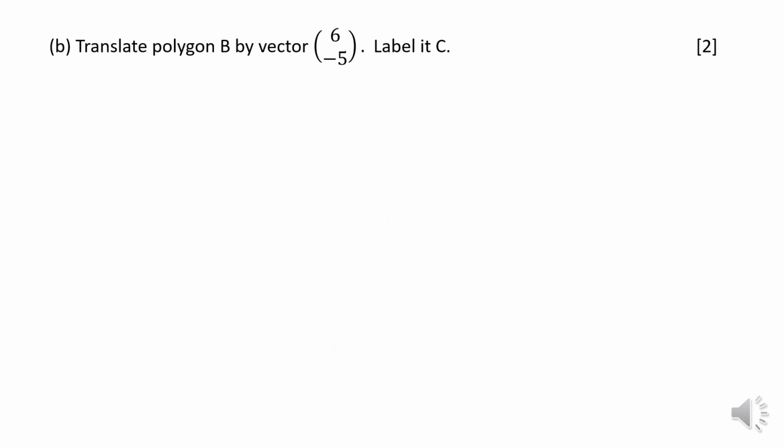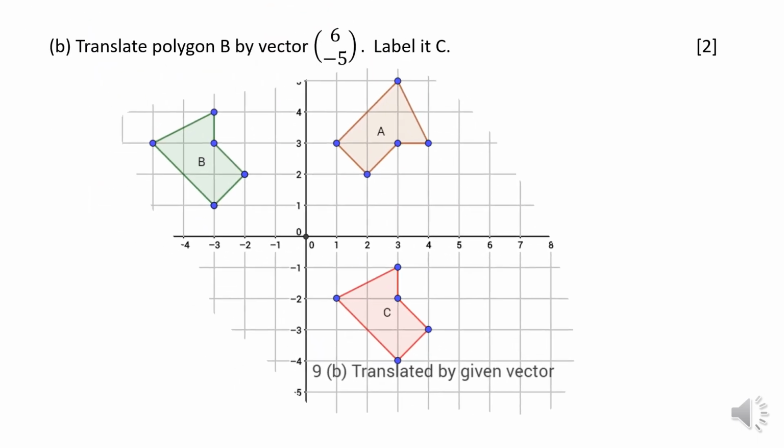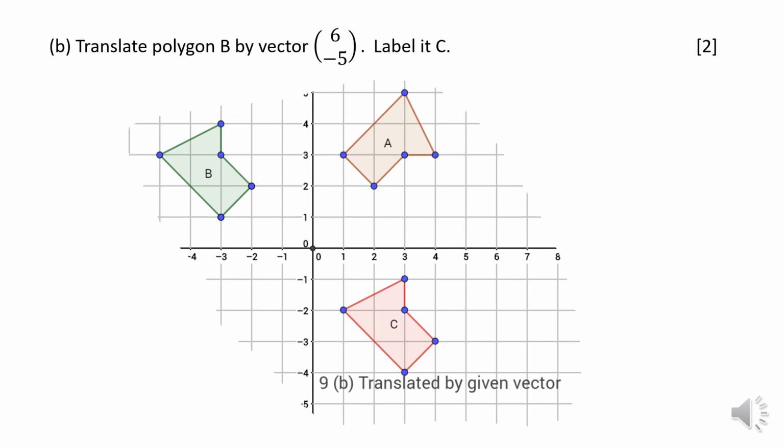They say you must translate polygon B by vector (6, -5). So polygon B, as it was there, now translate means you slide it. So this is the X direction on top, and it's positive. So if it's positive, you slide it to the right, 6 units. So if I take this particular point here, and you count, that's 1, 2, 3, 4, 5, 6.